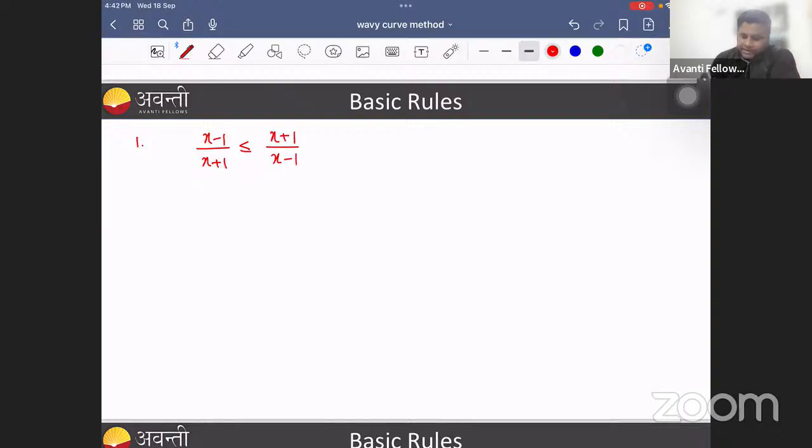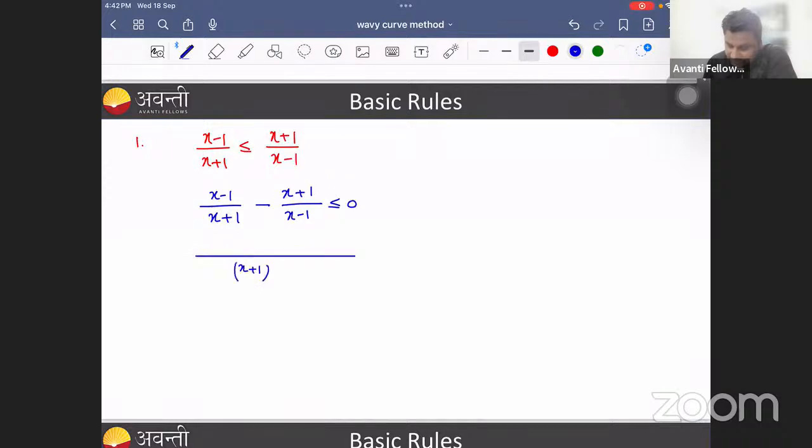I hope you have tried it. So the solution will be (x minus 1) upon (x plus 1) minus (x plus 1) upon (x minus 1) less than or equal to 0. Now we can take LCM. So it will be (x plus 1)(x minus 1). So it is (x minus 1) square minus (x plus 1) square less than or equal to 0.